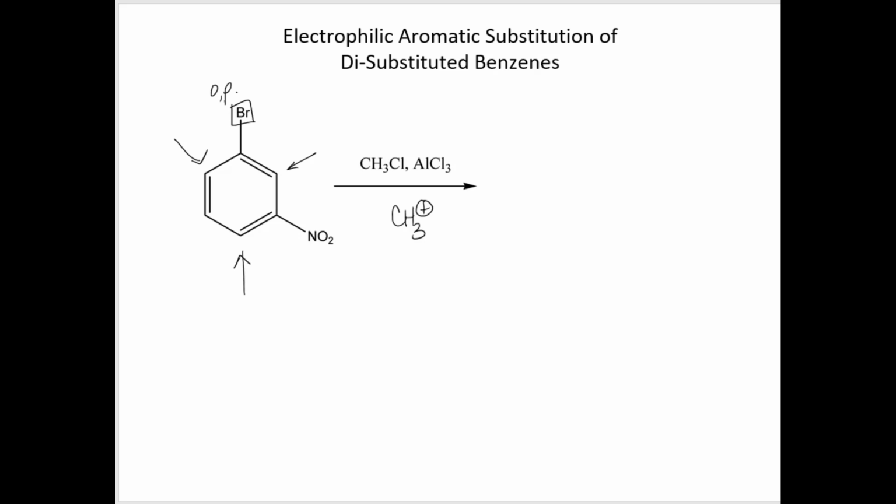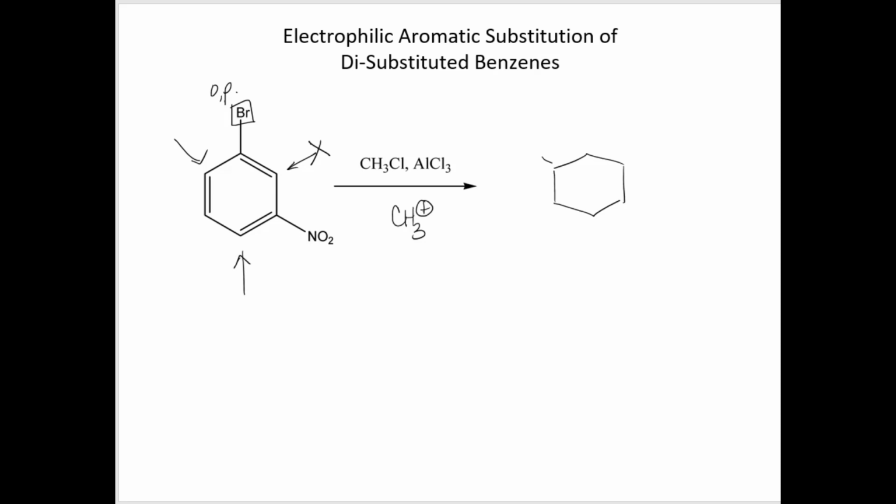Now, there is a steric hindrance issue. We never add groups in between the meta disubstituted or 1,3 disubstituted groups. There's not enough steric space here for the CH3 plus to add into that carbon, so we do not add in between groups. So therefore we would just get two products of this reaction.